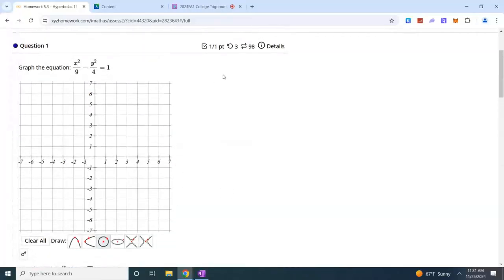It says x squared divided by 9 minus y squared over 4 is equal to 1. This is a hyperbola because there's a minus between my two terms. The x variable comes first, so this would be a hyperbola with a horizontal axis.